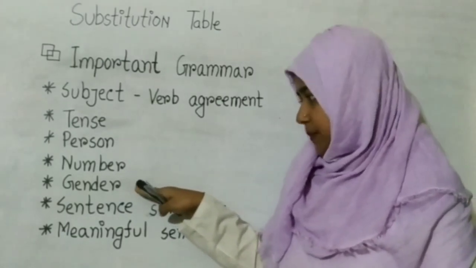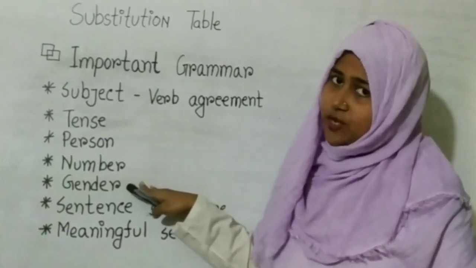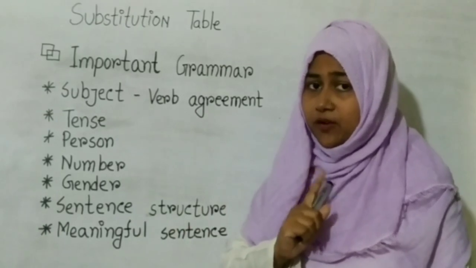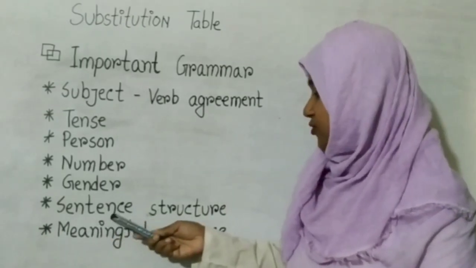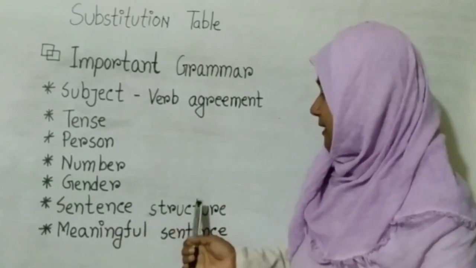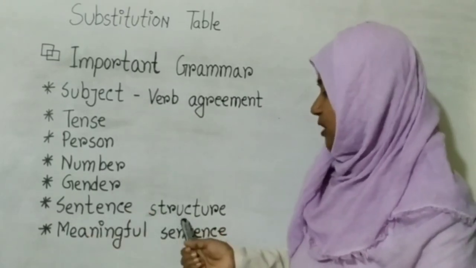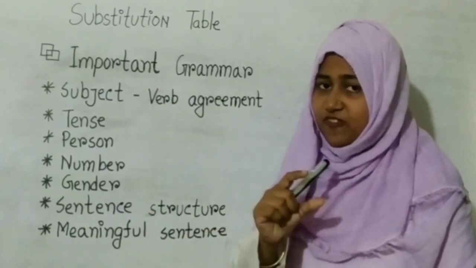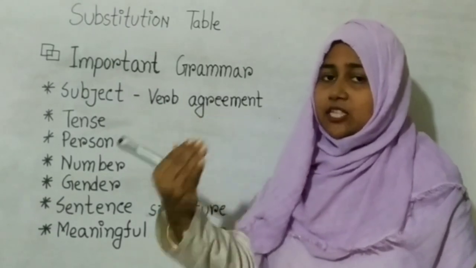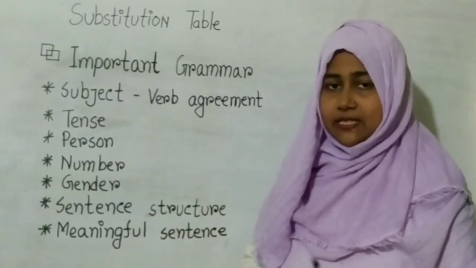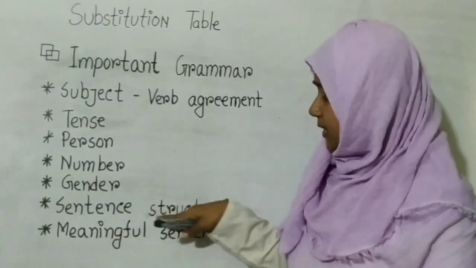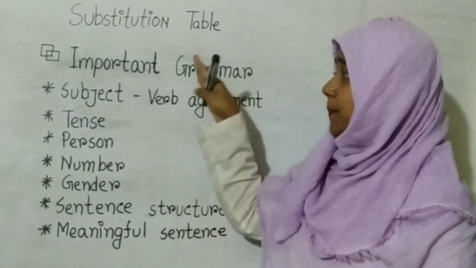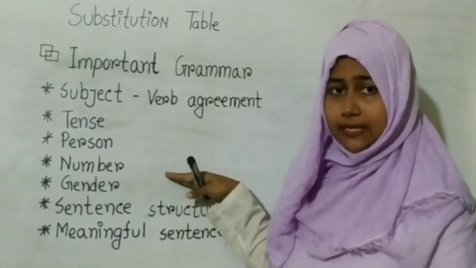And then it is mandatory to identify gender also. The most important fact is that you have to strictly follow the sentence structure. Sentence structure you should follow, that is subject, verb, object. That is the structure of an assertive sentence. You can use this sentence structure to make 5 sentences. Clear?